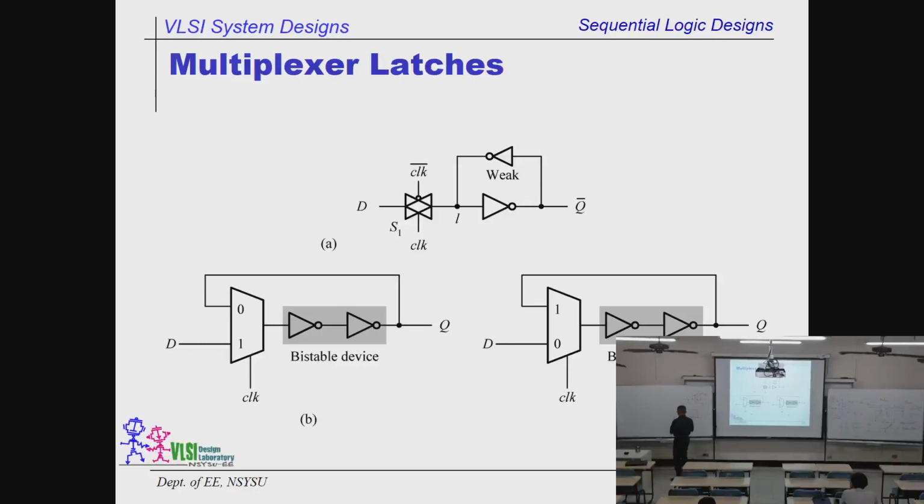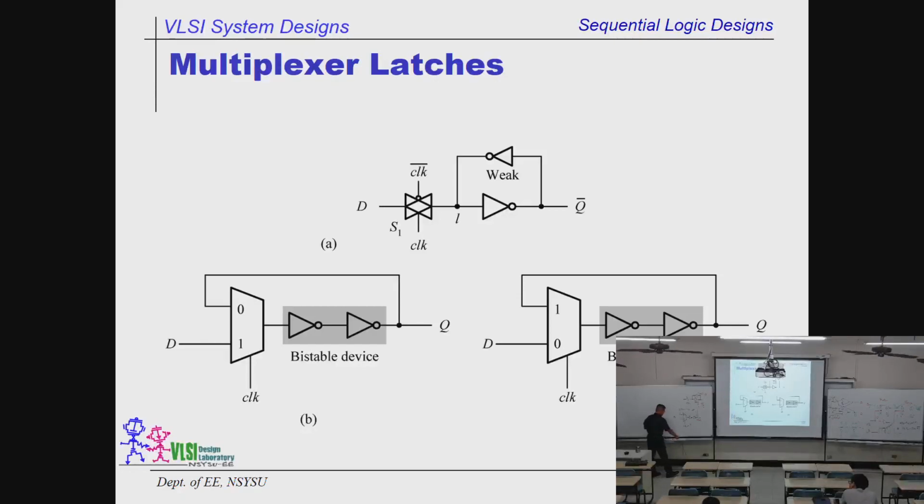Okay, so it's quite easy. When clock equals 0, we select the Q over here. So Q, whatever it is, will come in over here because we select the 0. It will come back again. So the Q next will be the exact Q now. Okay, exactly the same.